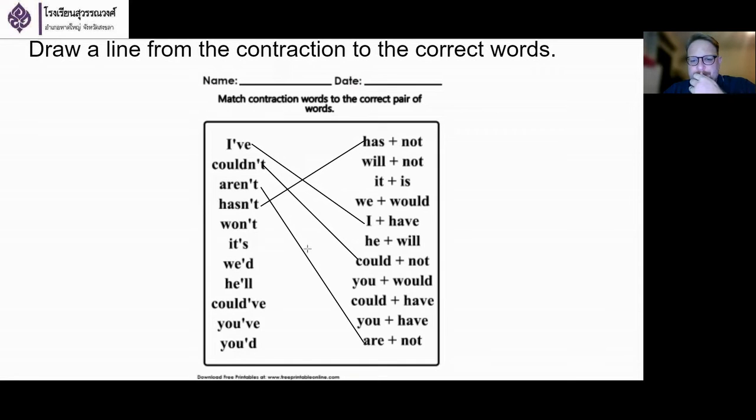Well, this one's a little tricky because they take the letters out of both words. Look at this. Won't.